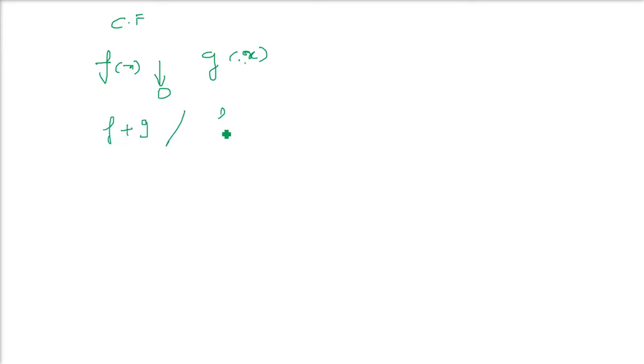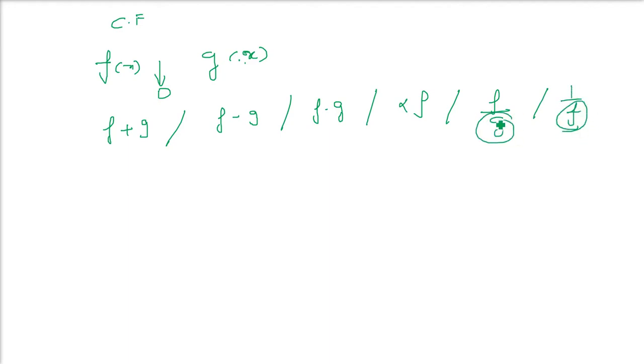That is, when you add these two, when you subtract these two, when you multiply these two, when you divide these two, when you multiply a scalar, say alpha or k, with any of the function, or you can take 1 by f or 1 by g. For the last ones, g(x) and f(x) should not be 0. So when these two functions are continuous under certain domain, all these will be also continuous under that domain.